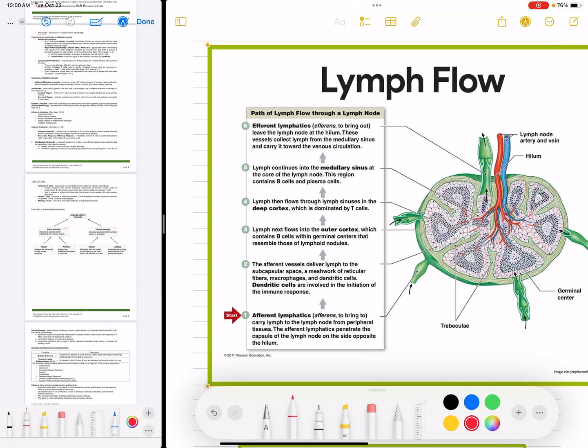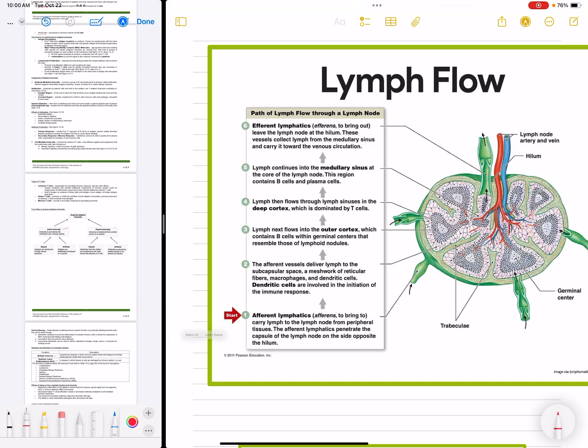So, ang start naton is here gali. So, afferent lymphatic. So, afferents. Ari siyang start. So, afferents to bring to. So, carry lymphoid to the lymph node from peripheral tissue. The afferent lymphatics penetrate the capsule of the lymph node on the side opposite of the hilum.